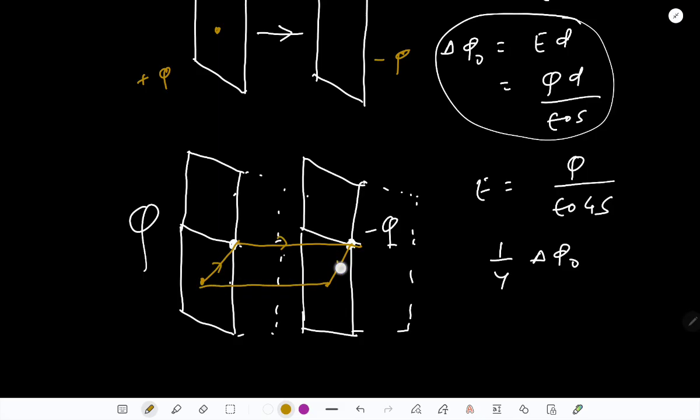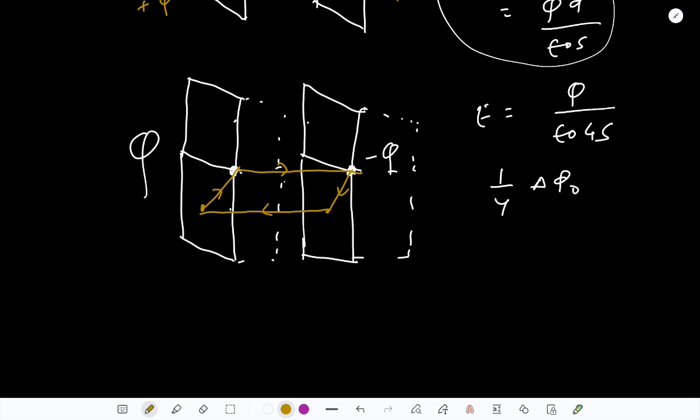So you need to move like this, and since the field is conservative, the total work performed by the electric field must be 0 in this case, because this is a closed path. So this is a closed circuit.